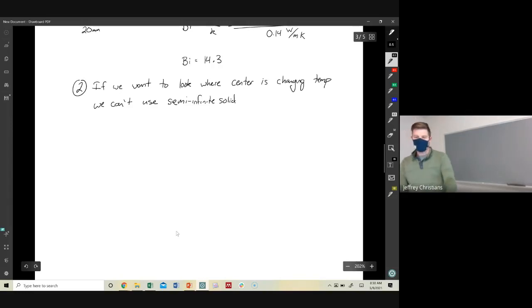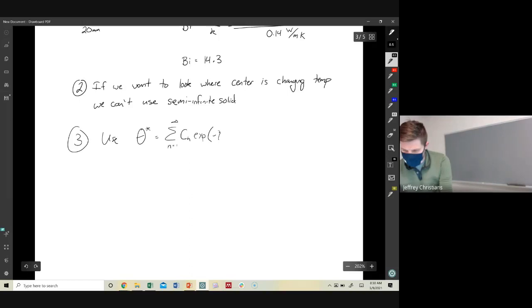So we need to use theta star equals the sum from n equals 1 to infinity of Cn exponential minus zeta n squared t star cosine zeta n x star. Okay, so that's the model that we're going to use.